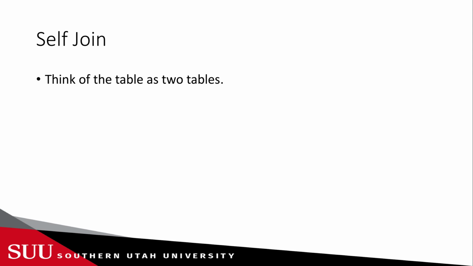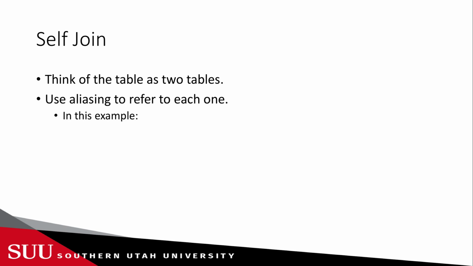So if I think of the table as 2 tables, I will use aliasing to refer to each one. C is going to represent the customers, and R is going to represent the referred by. So I'm acting like I have those 2 tables.